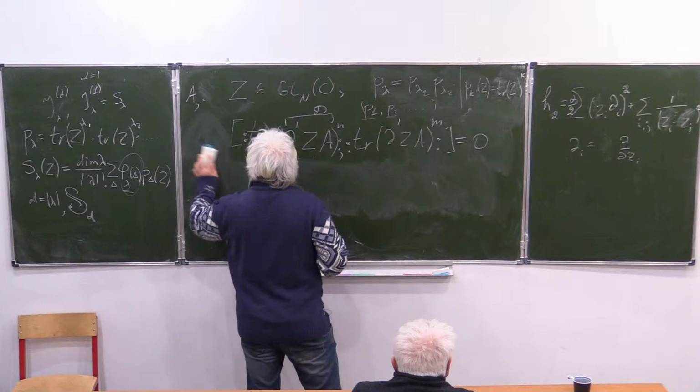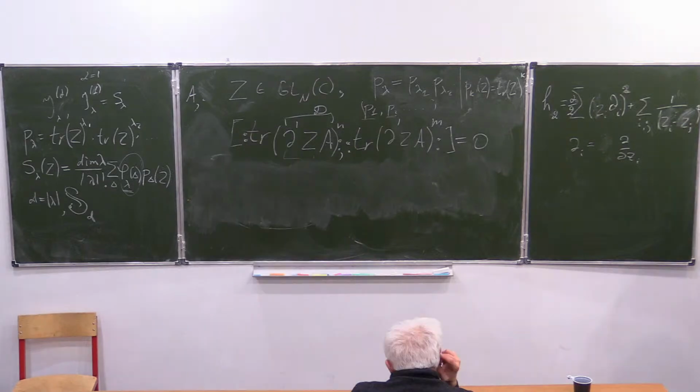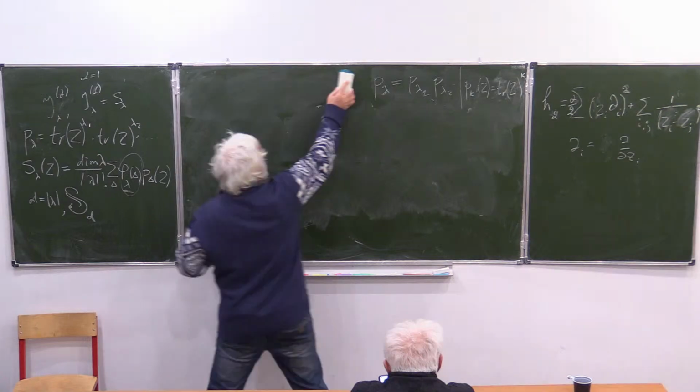Now, how is it related to matrix models and various numbers? What is the origin of this thing? Consider a sphere.